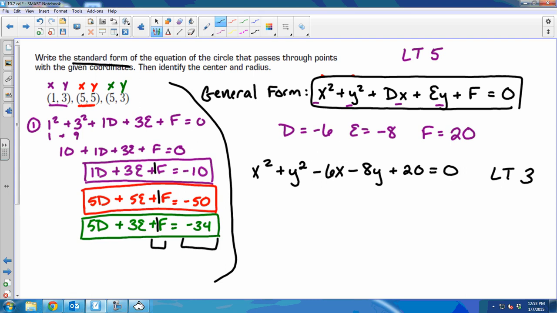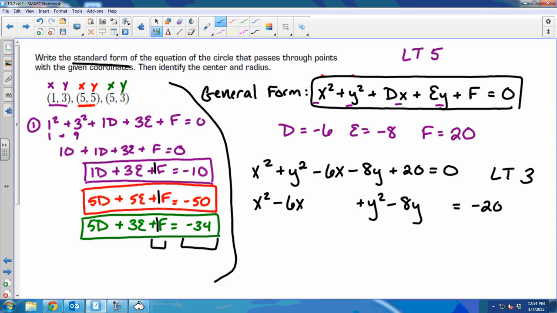So I'm going to go about doing it the same way I did yesterday. I'm going to separate everything so I can complete the square and be all organized. So I have x squared minus 6x plus y squared minus 8y equals negative 20. That f is just that constant that needs to be moved.